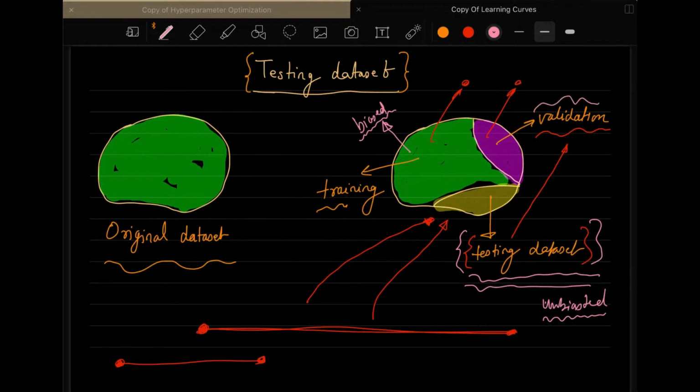The validation data set is biased in terms of model selection because it is selecting an optimal model from a given set of models. But since testing is not used in either training or validation, it acts as unbiased samples.